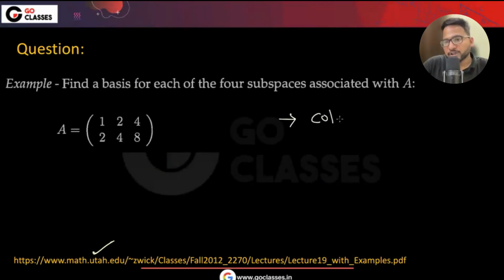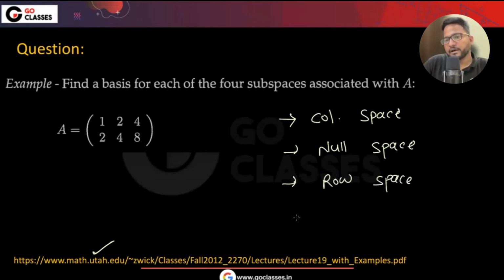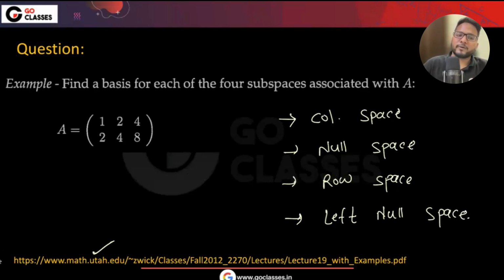The column space is one subspace, the null space is another, the row space is another, and the left null space. Is this fine to everyone?